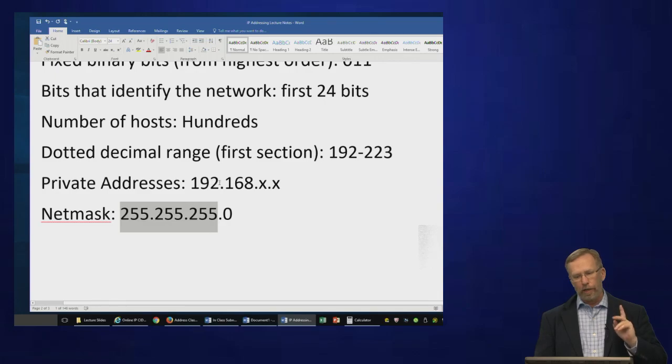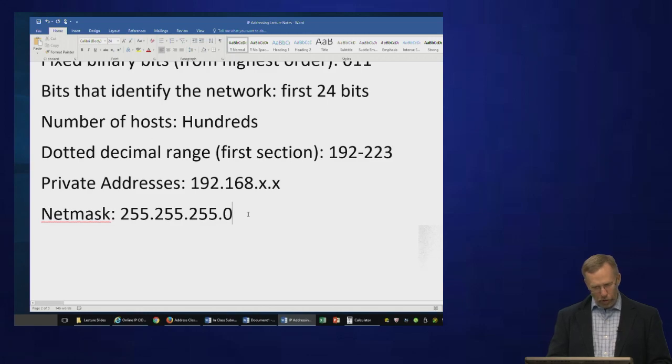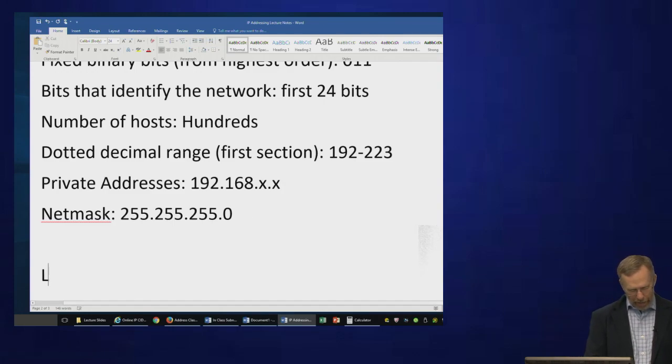But before I do, I don't want to forget to go back and talk about that pesky little 127 IP address range that we skipped over. 127, we call that the loopback address range.